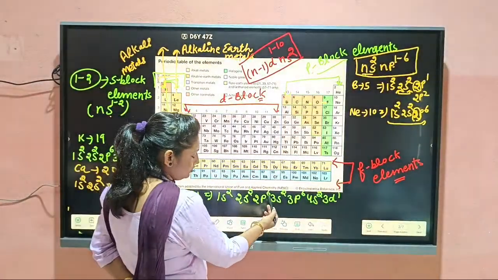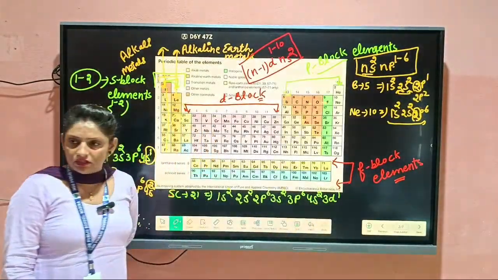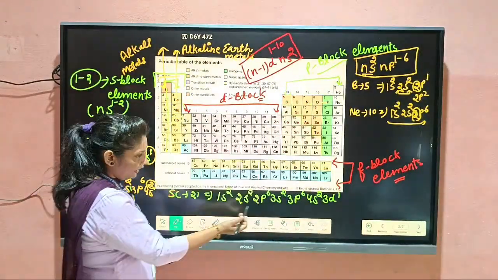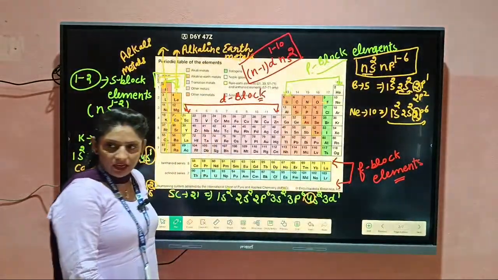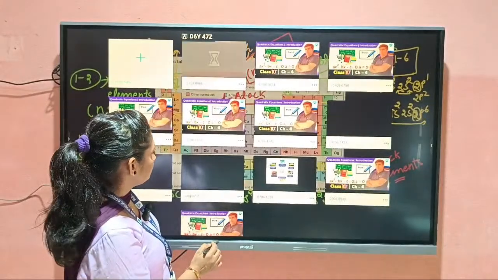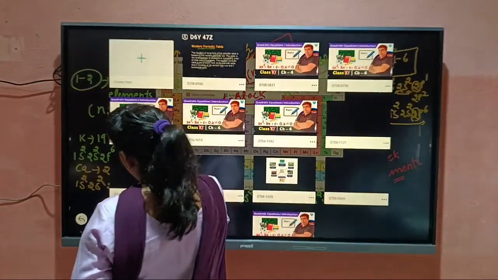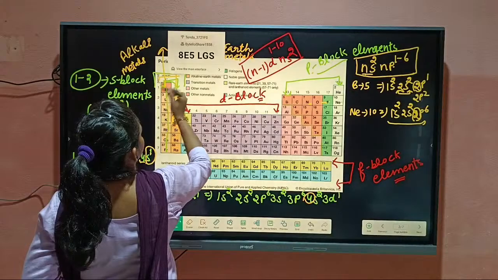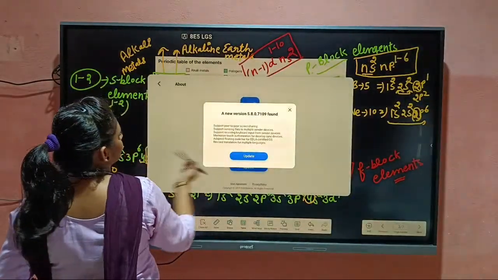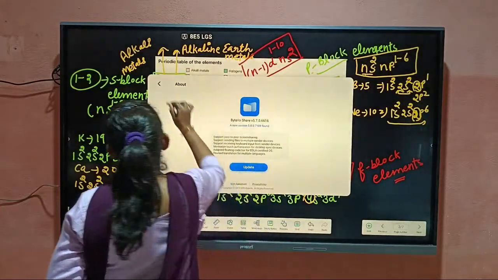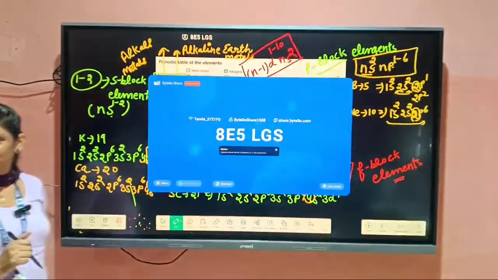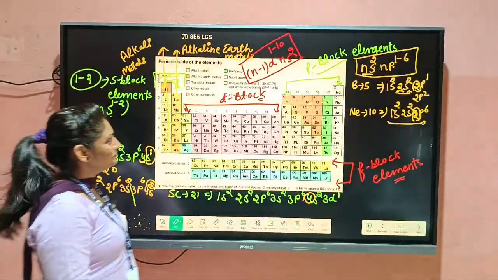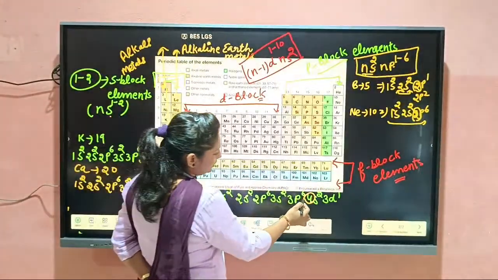2, 4, 10, 12, 18, 20 and 21. Here you can see n is the greatest number. So here this 4 is n.